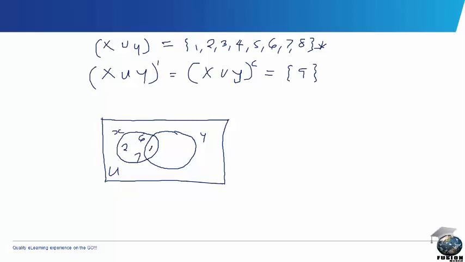Okay, the two sets have one element in common, which is 1, then 3, 4, 5, and 8. The only element left out there is 9, because it is contained in the universal set but not in the union of the two sets X and Y. So we say this is X union Y complement.